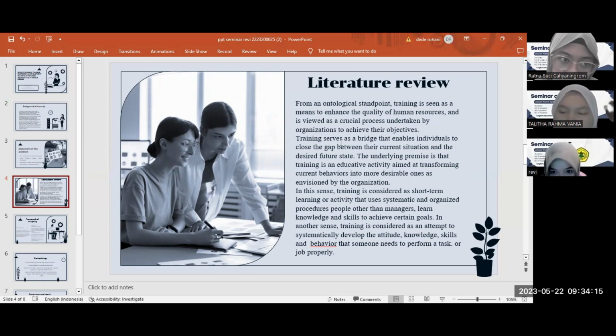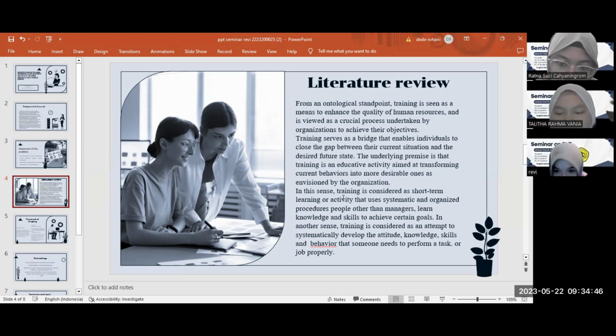Training serves as a bridge that enables individuals to close the gap between their current situation and the desired future state. The underlying premise is that training is an educative effort aimed at transforming current behaviors into more desirable ones as envisioned by the organization.